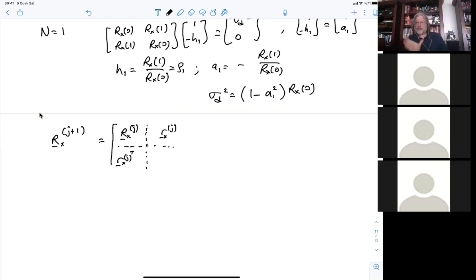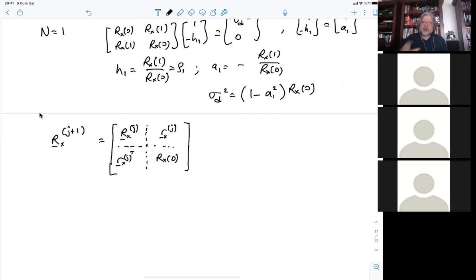It is augmented from the bottom, and there's a corner which has to be Rx0. It's a constant coefficient. It's not a matrix or vector or anything.